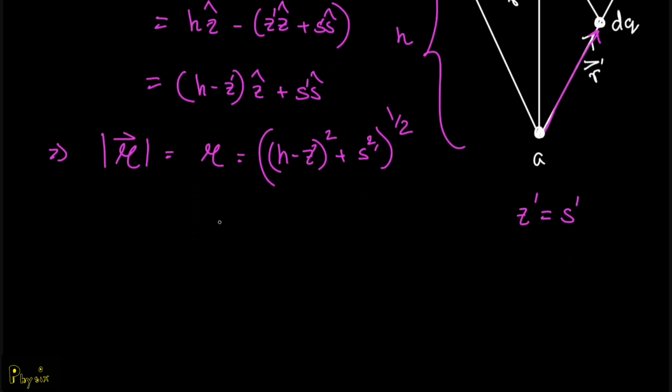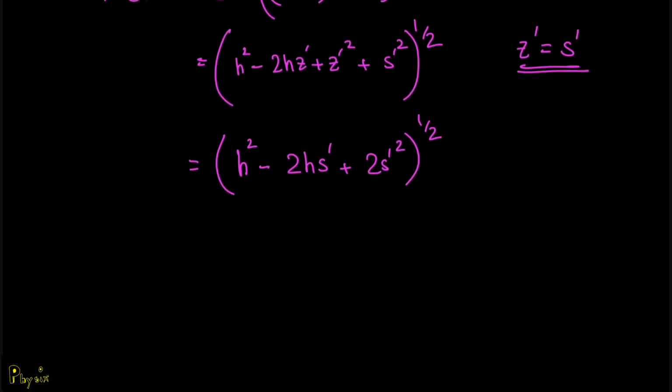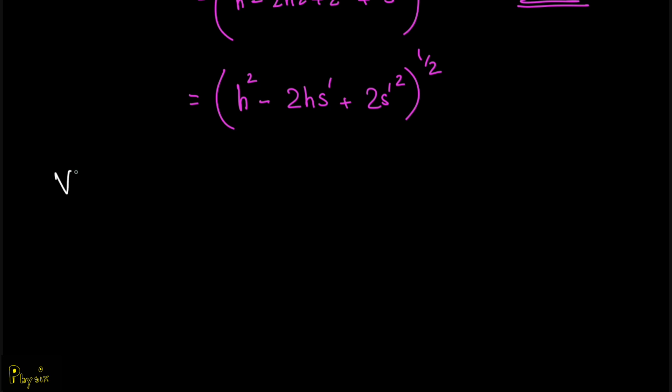So by using that, we can write this expression down as h squared minus 2hz prime plus z prime squared plus s prime squared raised to the power 1/2. And since z prime is equal to s prime, you can write this down as h squared minus 2h s prime plus 2s prime squared raised to the power 1/2. Okay, so now we're ready to find out what VB is.